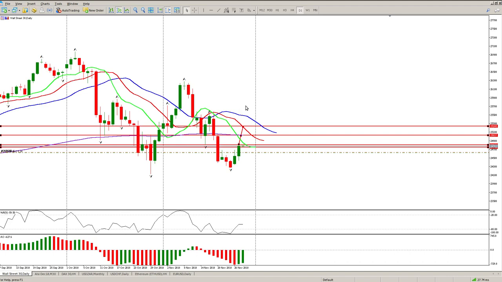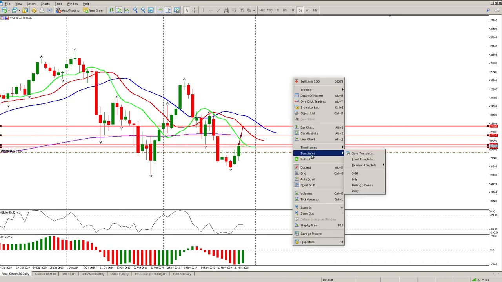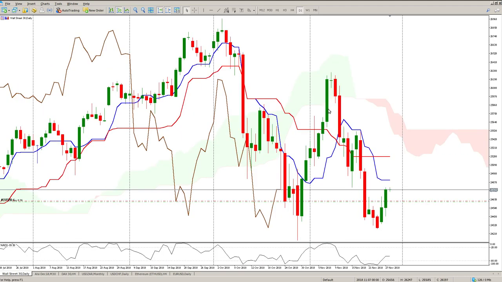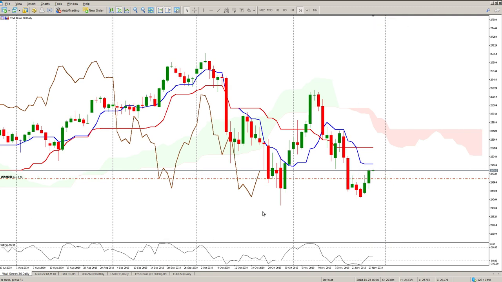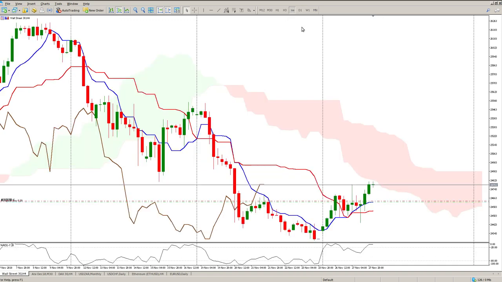Okay, so last thing I want to do is just point out something on the Ichimoku for you quickly. On the daily, it is flat. Tenkan-sen and Kijun-sen are flat, so that is telling you that we are kind of ranging, going nowhere. Chikou Span is pointing up, but the cloud is also flat, so there's nothing really on the daily to write home about.